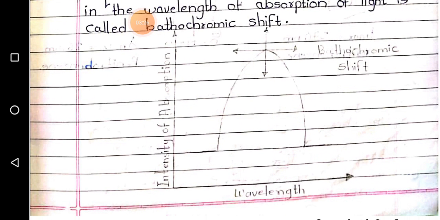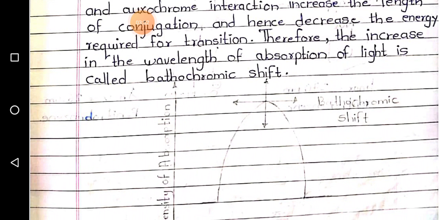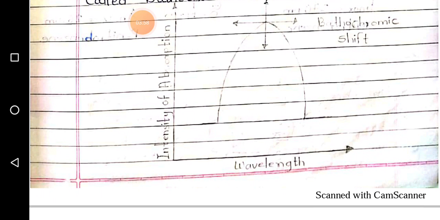If you draw the graph, on one side is the wavelength, on the other side is the intensity of absorption, and in the bathochromic shift the wavelength increases, means it increases on all sides. Therefore, the increase in the wavelength of absorption of light is called a bathochromic shift.